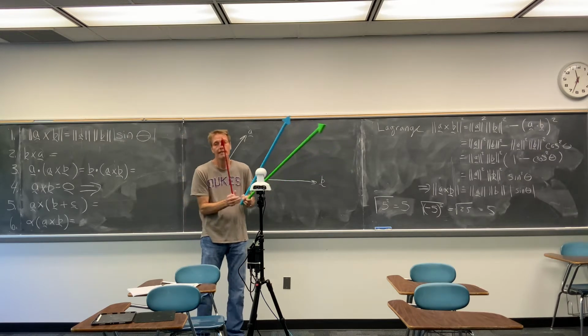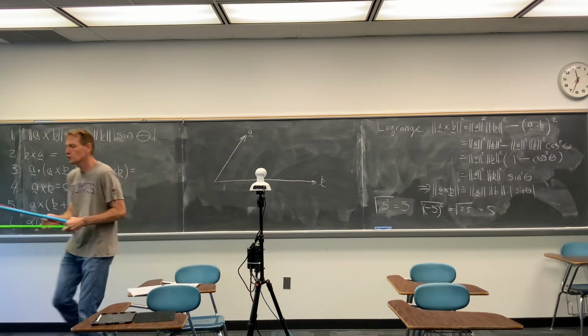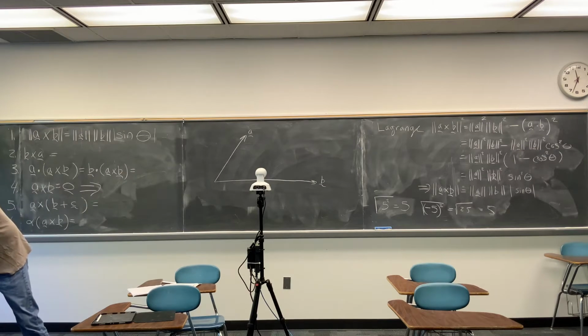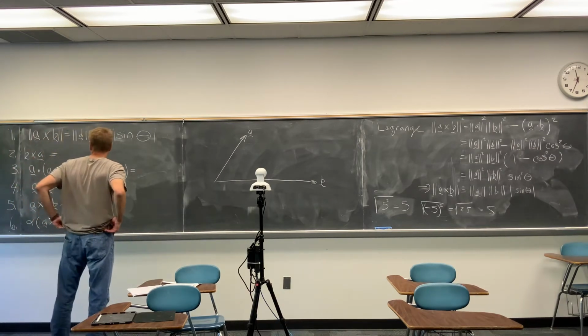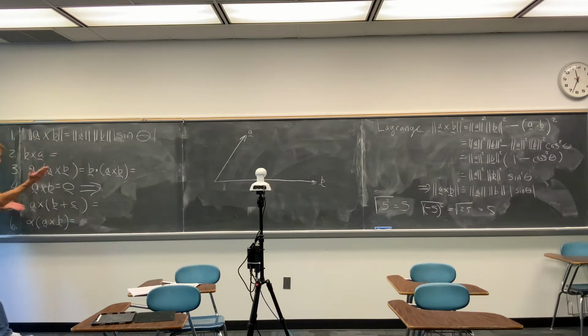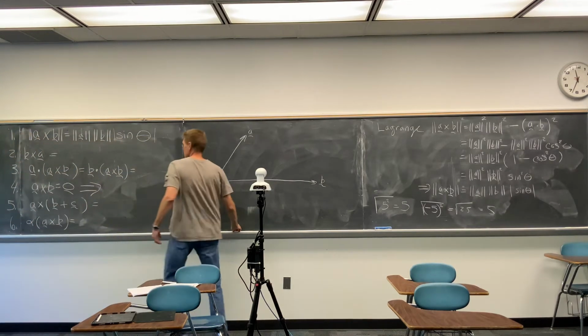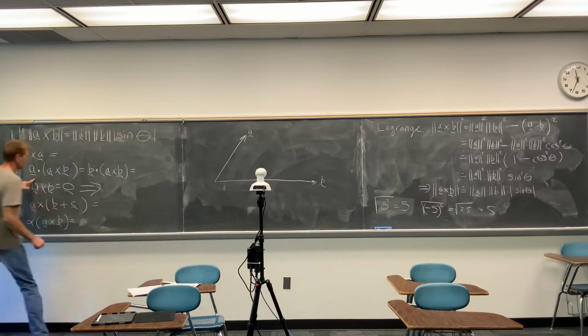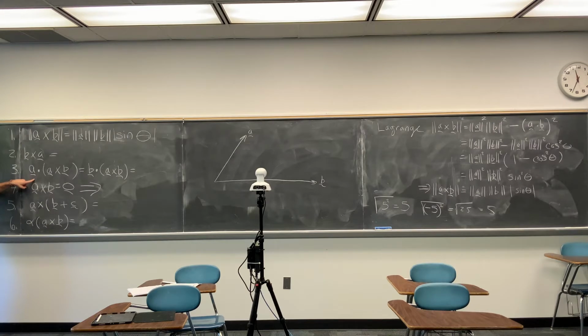Red dot blue would be what number? 0. That's one of the things we've shown about the vector cross product, and I've got it on the board over here as a property. Can you read that?